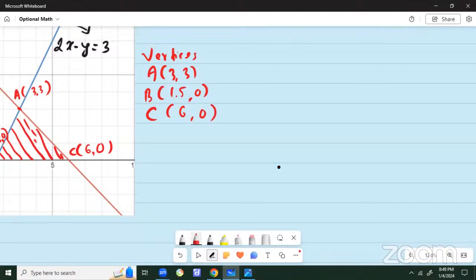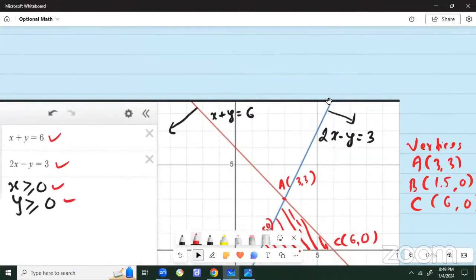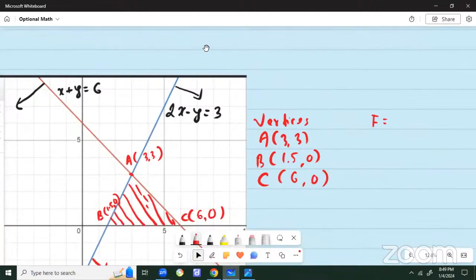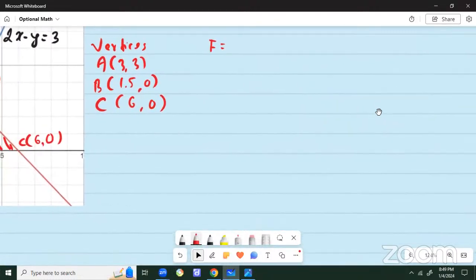And the value of f, the objective function, which is given in the form of 4x plus 3y. What is the value of f when x is 3 and y is 3?